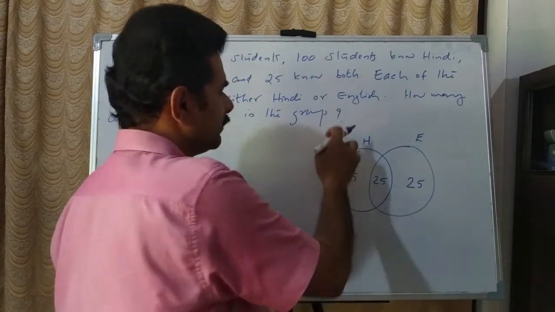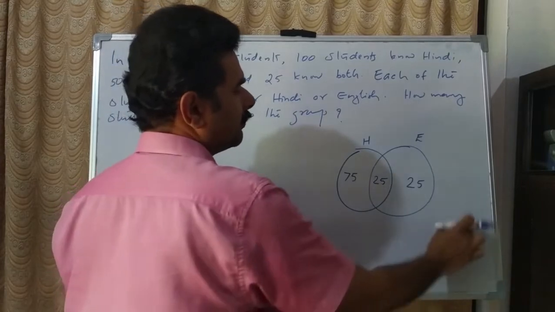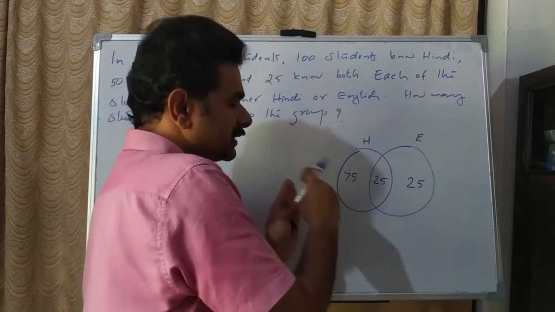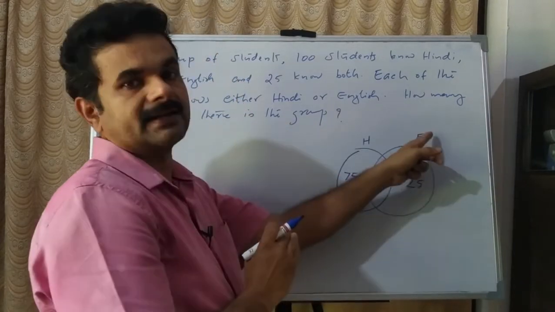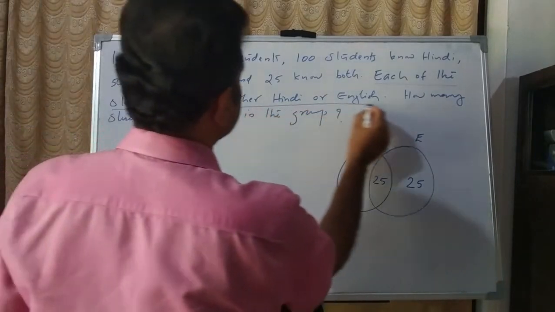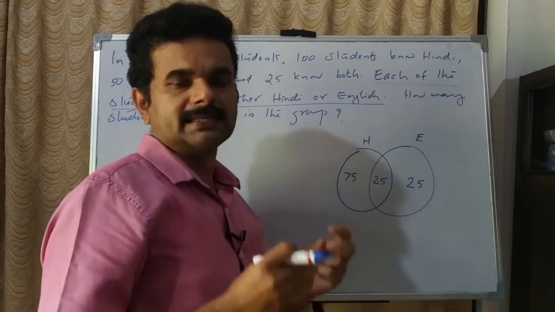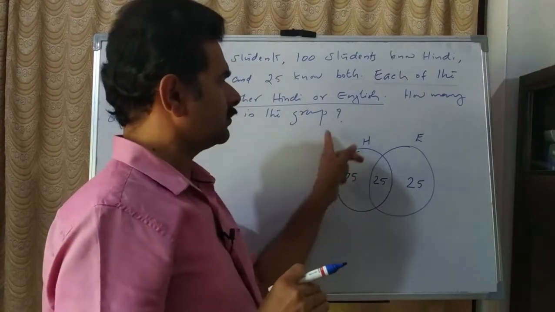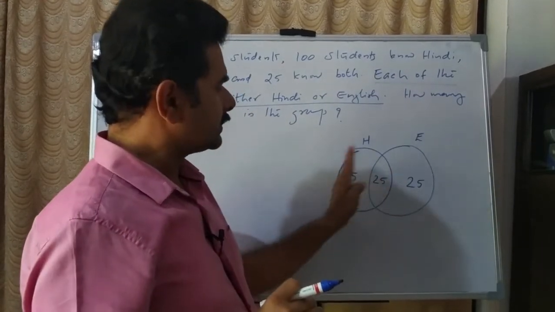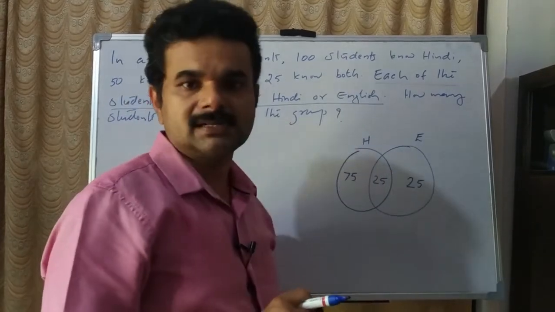There is no need to draw a universal set, because the universal set is the join of Hindi and English. So there's no need to draw this box; these sets themselves act as the universal set, right?